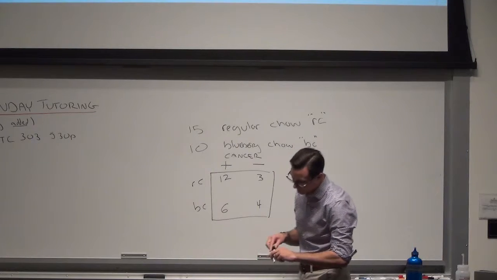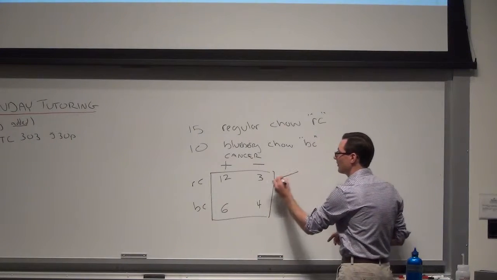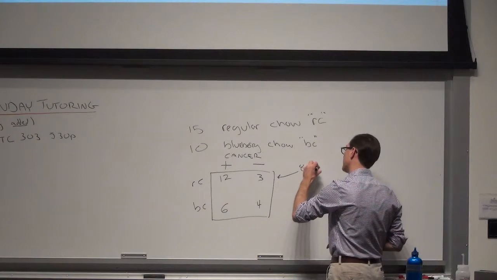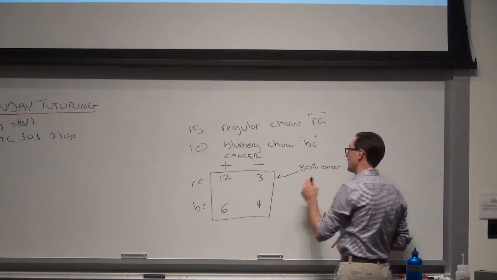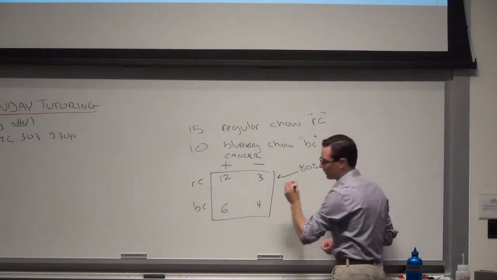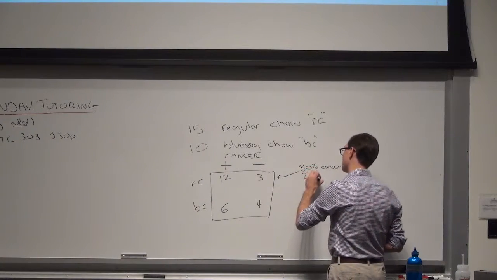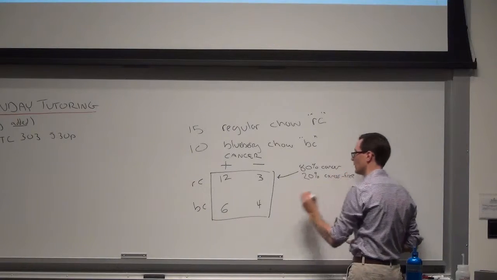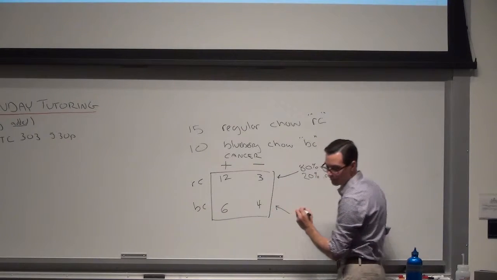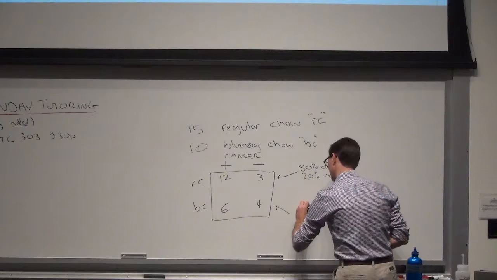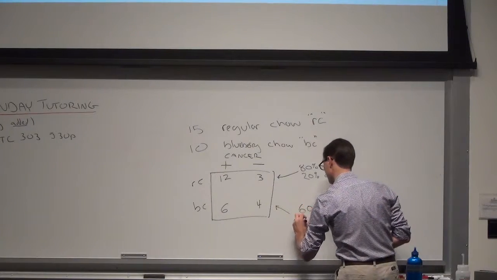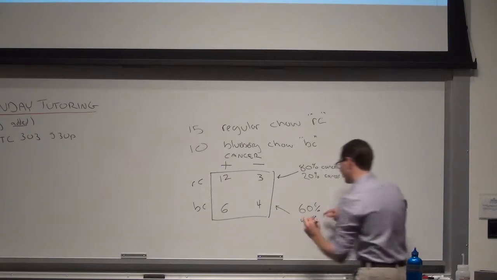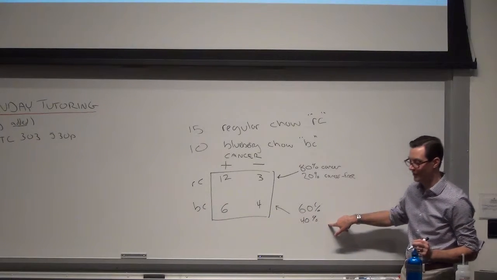So, in this column, 80% of them have cancer, obviously 20% don't. This column, 60% have cancer and 40% don't have cancer.